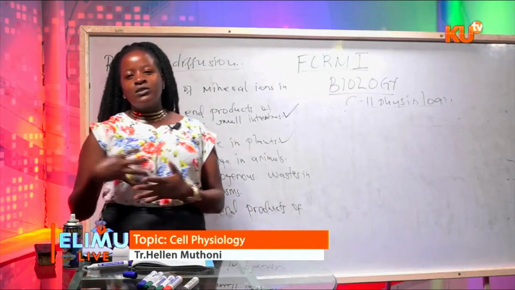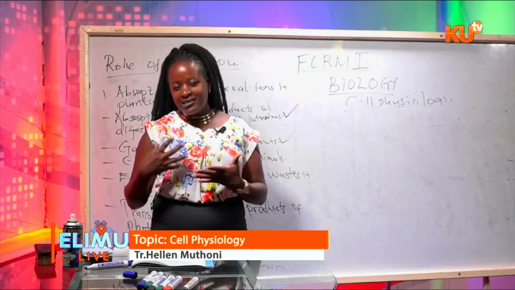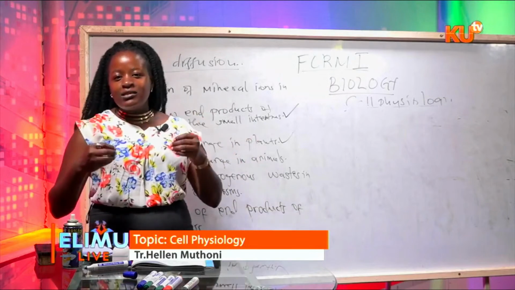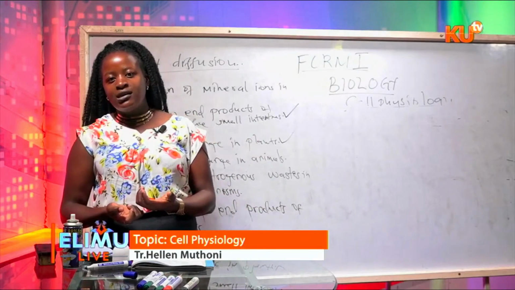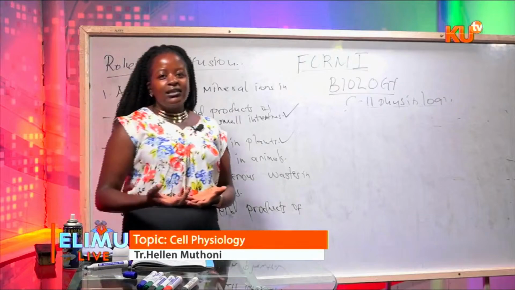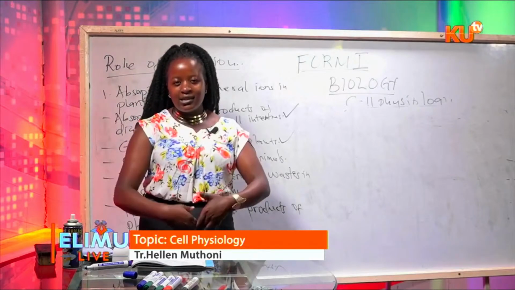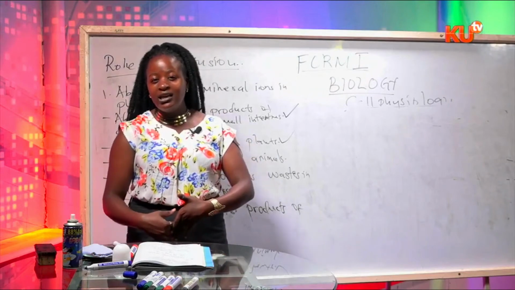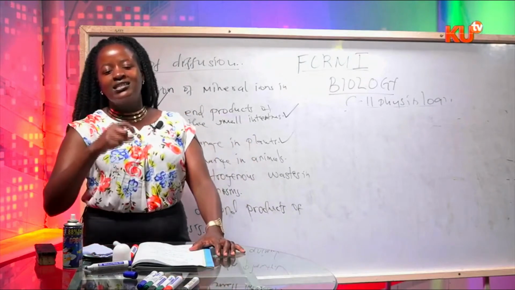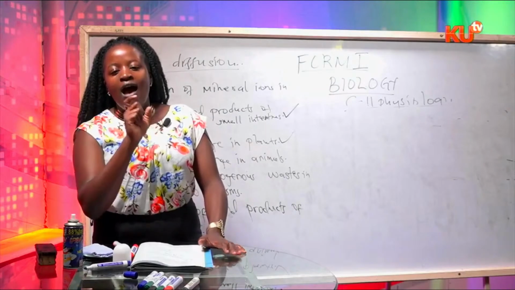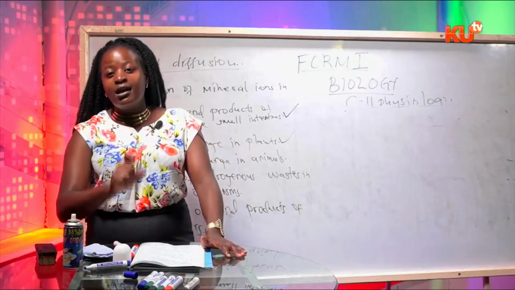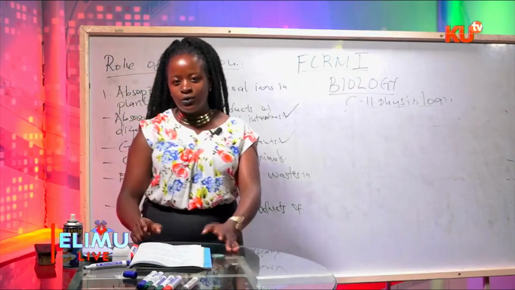After photosynthesis has taken place, the plant gives out oxygen as a byproduct. The plant gets the carbon dioxide and removes the oxygen through diffusion.